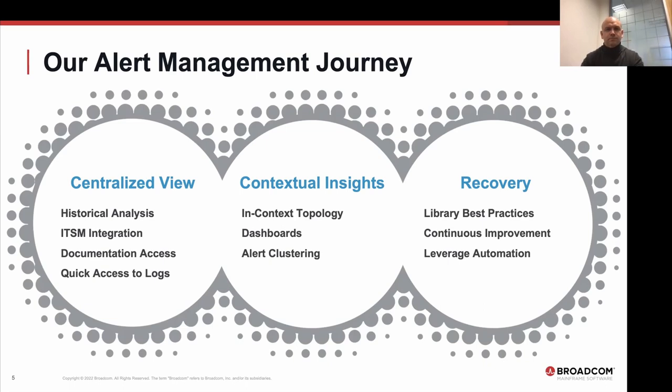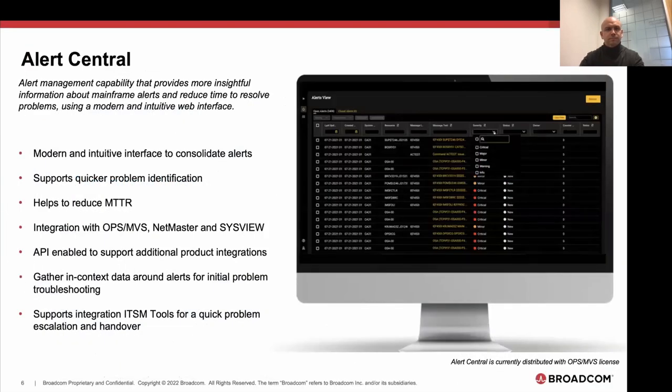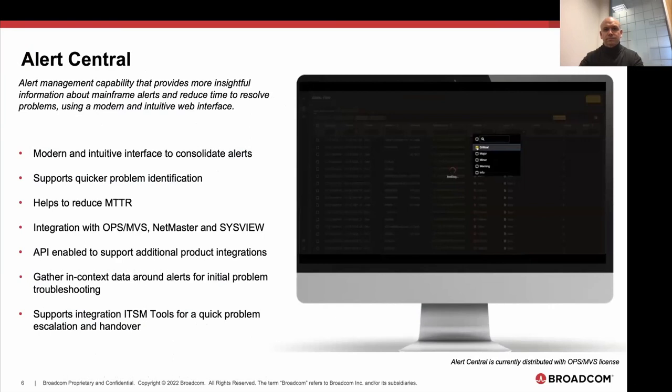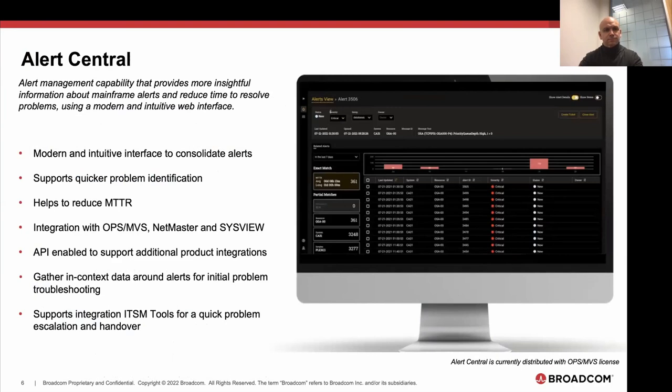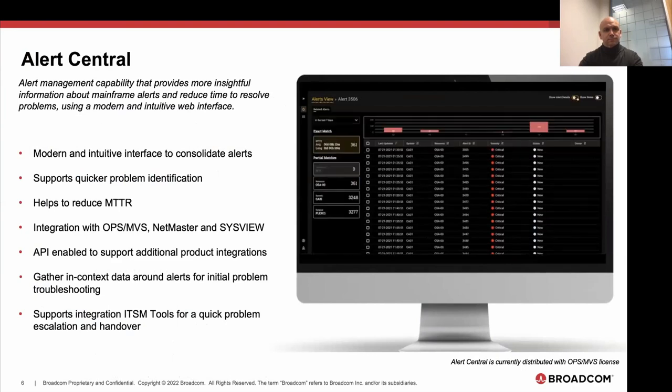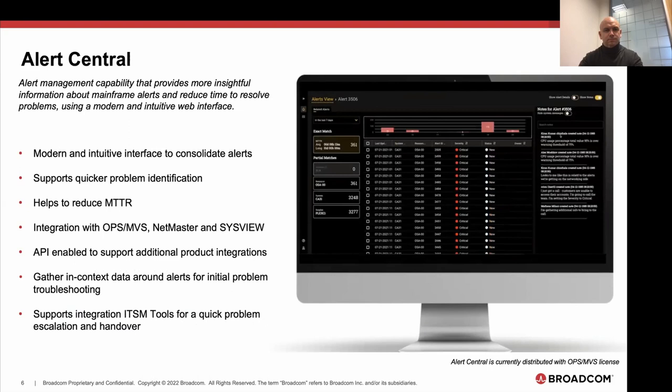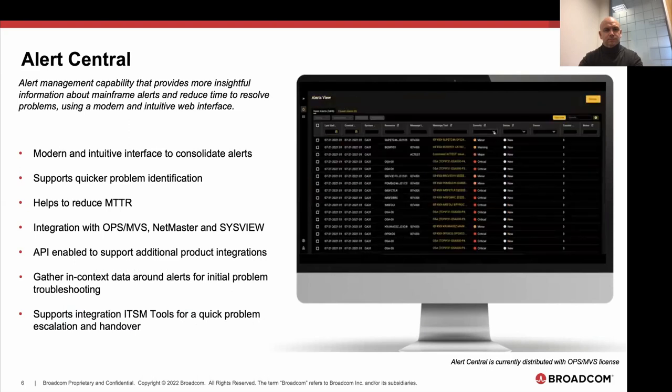And in order to accomplish all of this, Broadcom has released this new alert management capability that we call Alert Central. Alert Central is more modern, it's intuitive, and it goes beyond consolidating alerts in one single screen.